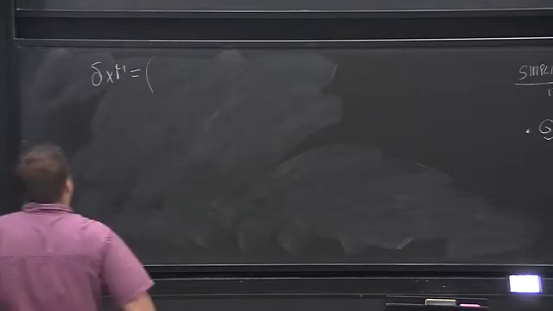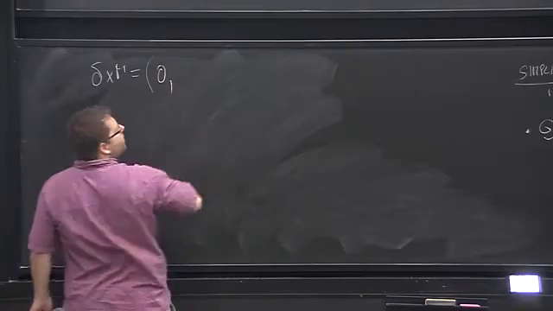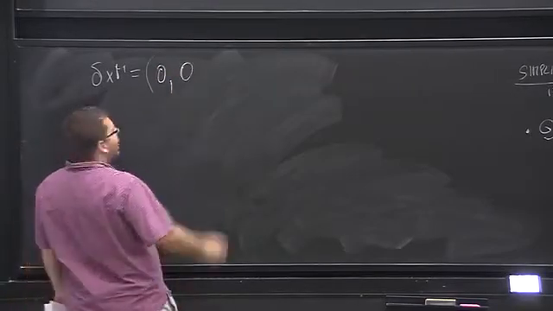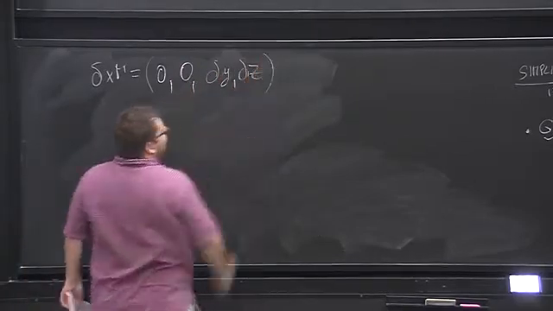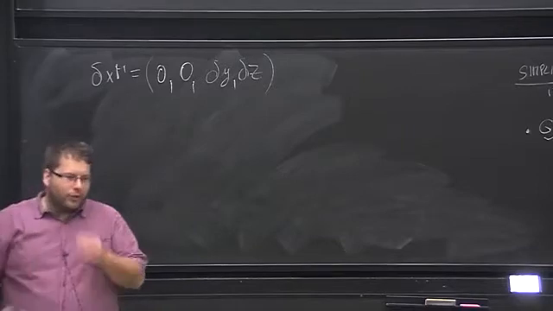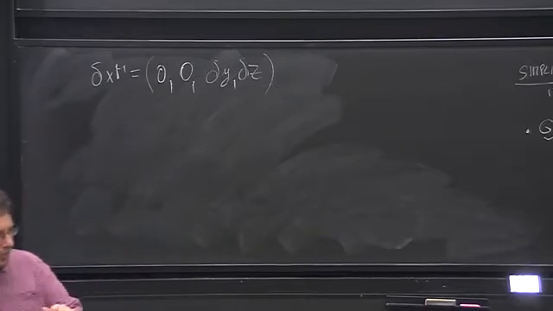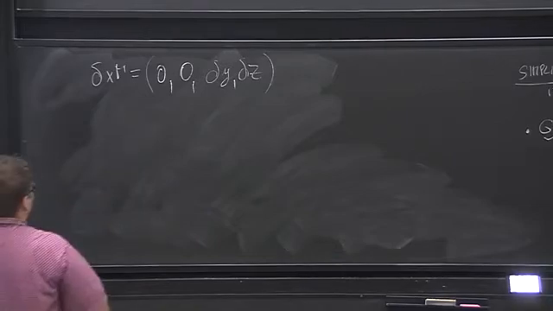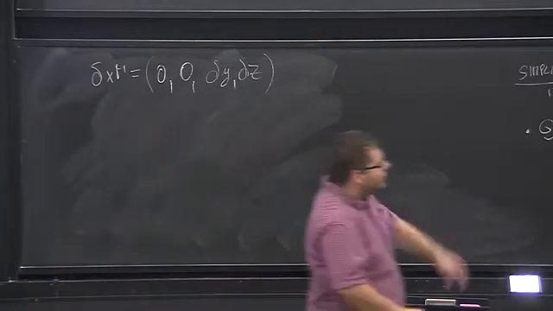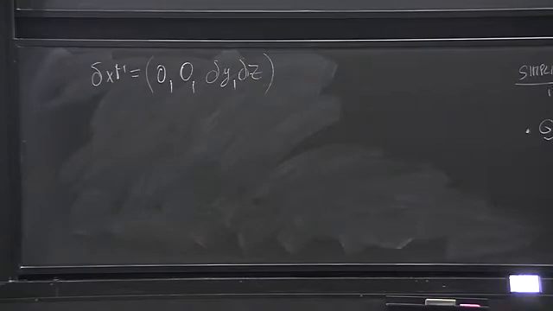So it will be 0, nothing is happening in time, nothing is happening in x, and then there will be δy, and then there will be δz, right? That's how our δx^μ looks like. So as the gravitational wave passes by, it only squeezes y and z direction. Okay. So then let's write that equation for how it looks like for δy and for δz.